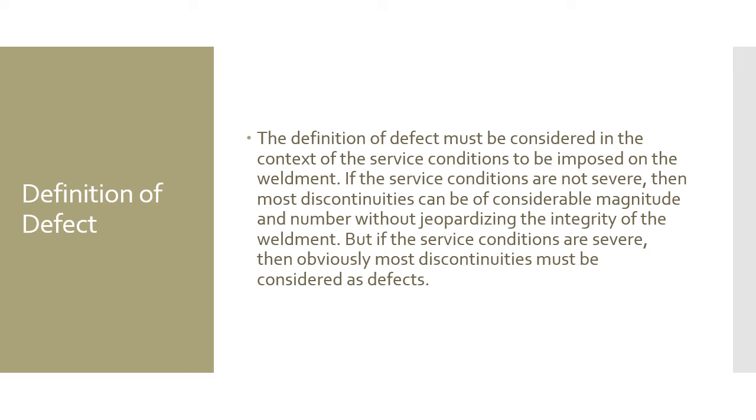You go to another service condition, welding rebar, D1.4, it might not be a defect in that situation because you're sticking rebar together and putting it under concrete. So you need to understand the definition of defect as it pertains to the code standard and customer requirements, as well as the acceptance criteria in which you're working.